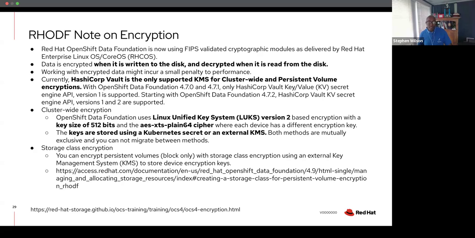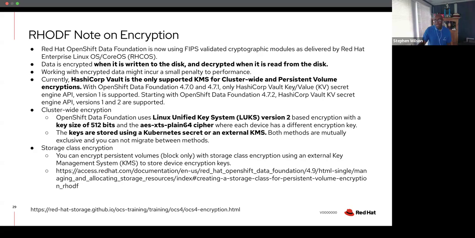We're using the AES-XTS-plain64 cipher, and the keys are stored using a Kubernetes secret, like we talked about, or an external key management store. So when your security team asks, how are you managing the keys for this system, you can provide them with that answer right there. And then we have links to the documentation concerning that.